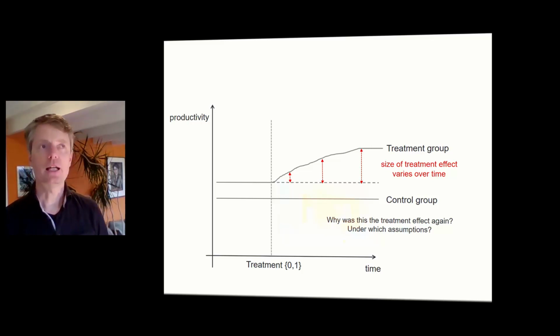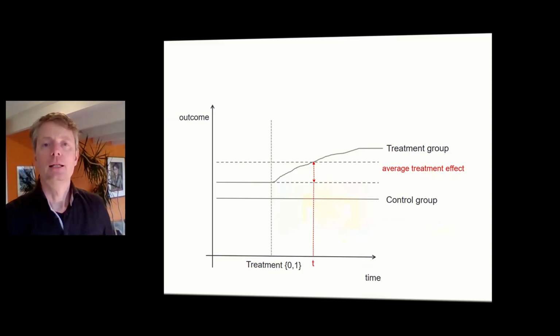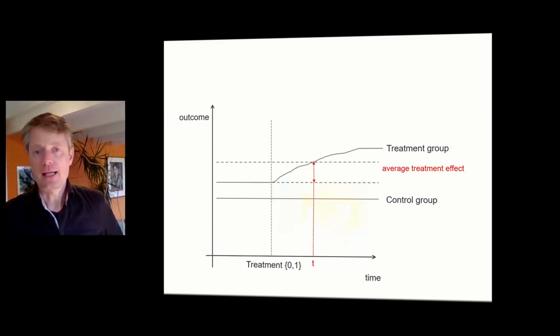And so the idea is that we changed this technology, but around the same time other things did not change. Otherwise it's difficult to attribute the change in productivity that we see here to this policy being the new technology. Alright, so if we report the average treatment effect, then it's going to be like this. So it's sort of the weighted average of those treatment effects over time.